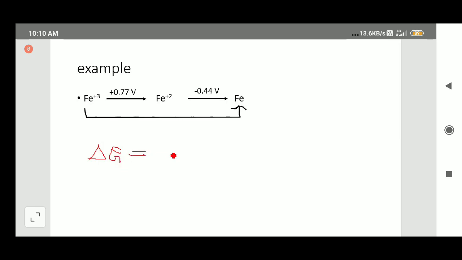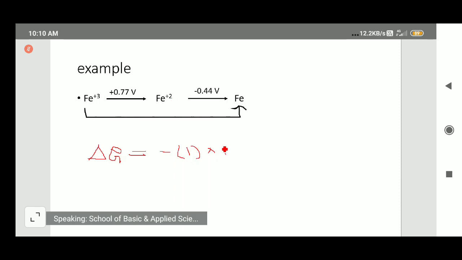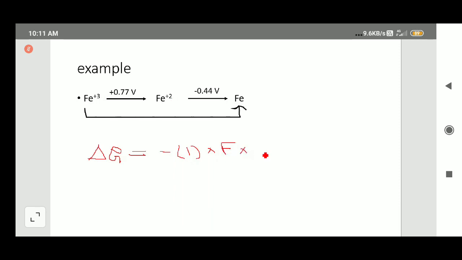So delta G is equal to minus n times F times E. What is the number of electrons from this to this? Plus 3 is converting into plus 2, so the number of electrons is 1. Let us not worry about the F, the Faraday constant. Even if you remember the value, there is no need to use it in multiplication because we are going to subtract and divide and so on in the subsequent equations.